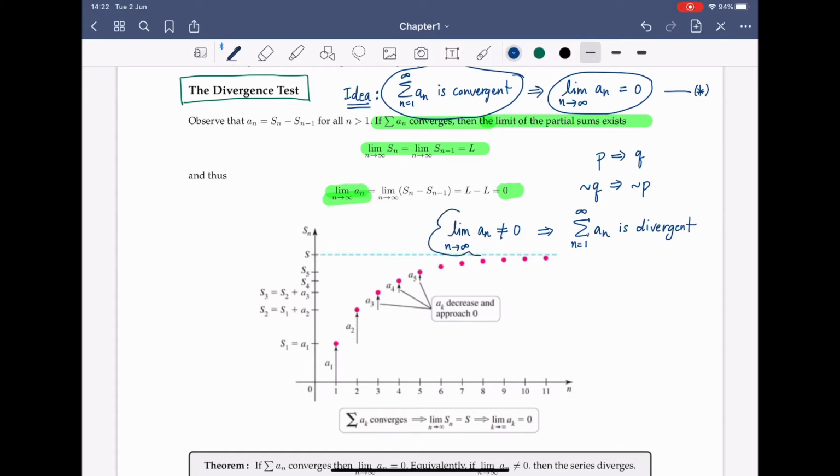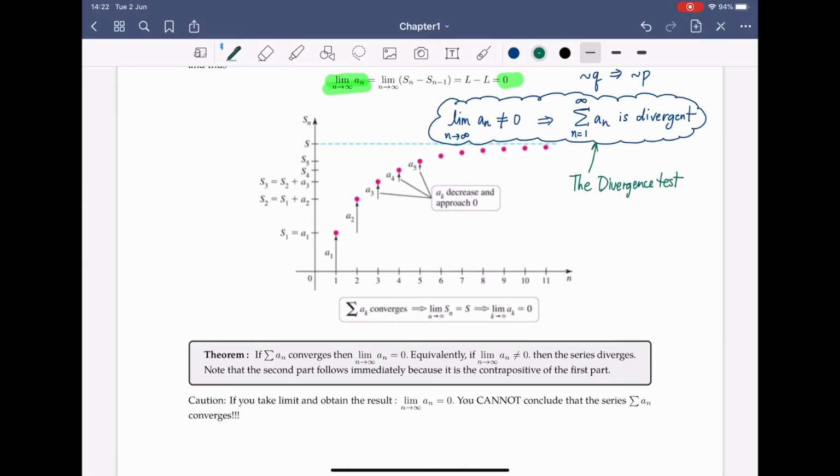This is called the divergence test. I state it again here: if the limit of a sub n is not equal to 0, then the series diverges.